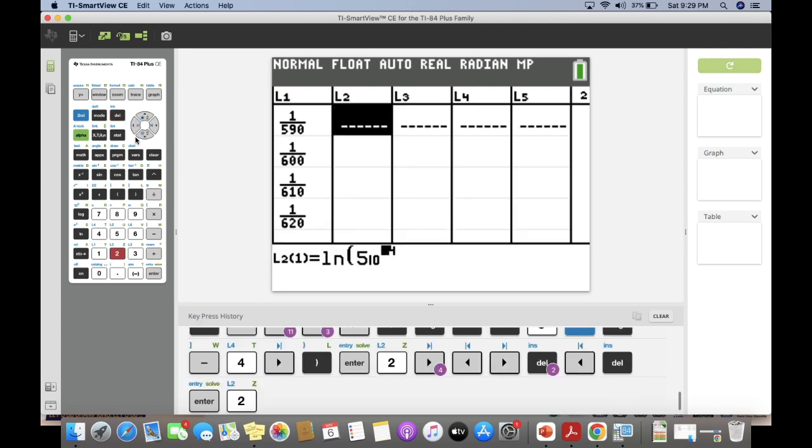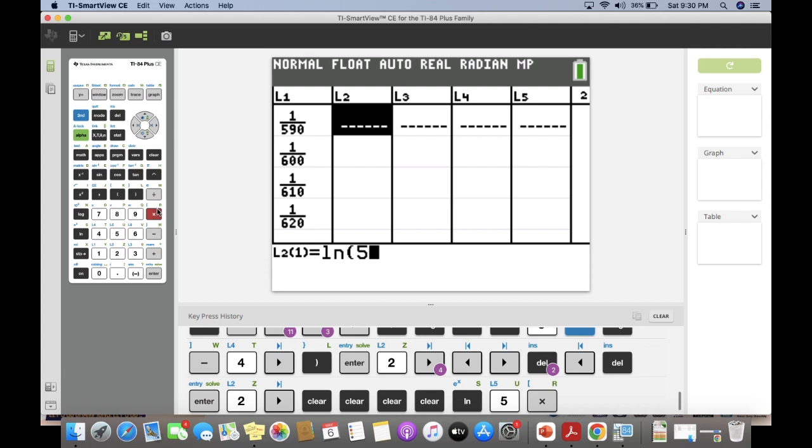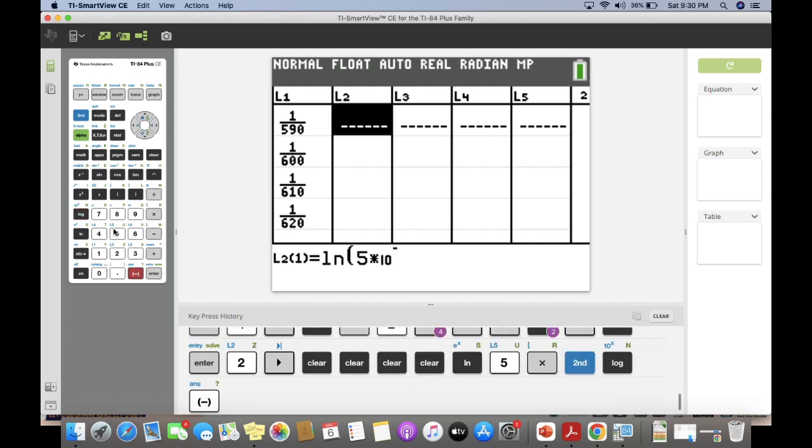Let me clear this one. Okay, ln, let's try. We have 5 times, let's try to put times 10 to the power of negative. Okay, I know now. You have to use the symbol negative 4, so I can just delete this.